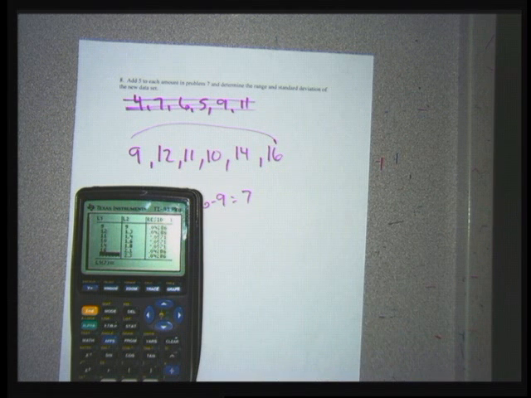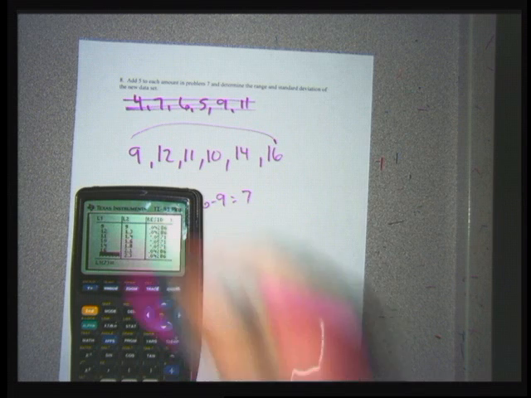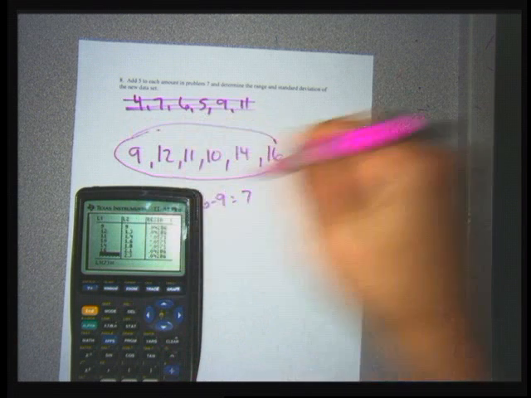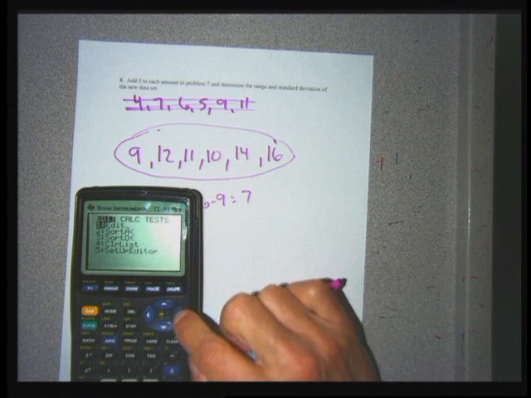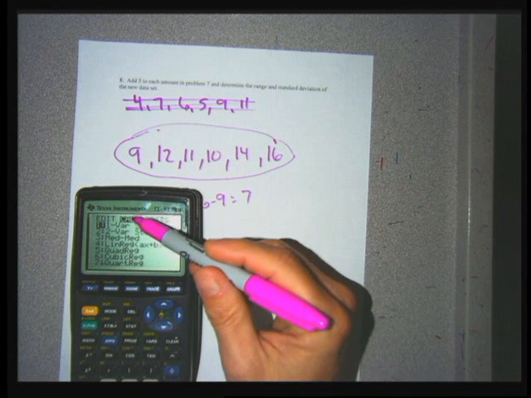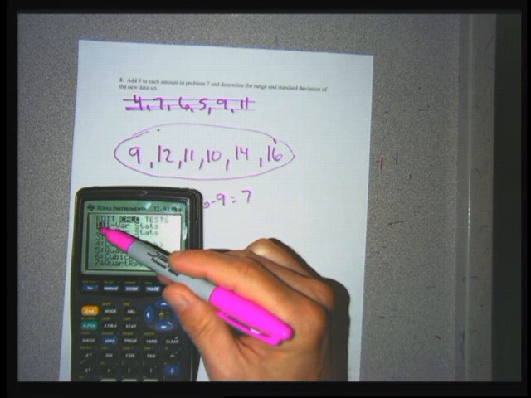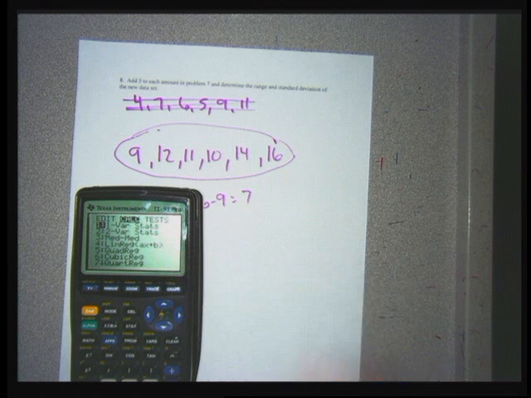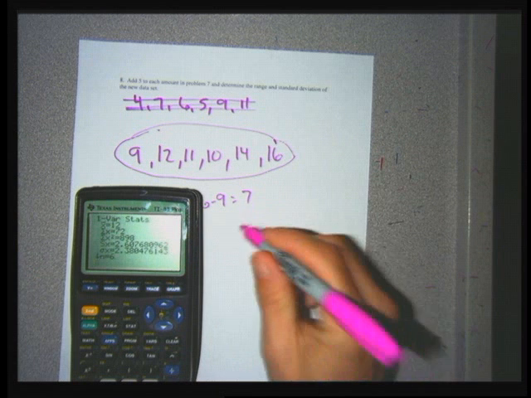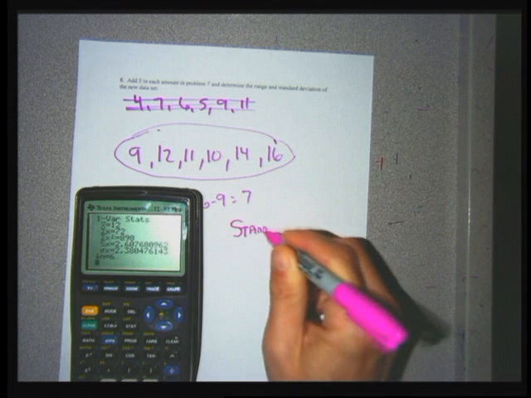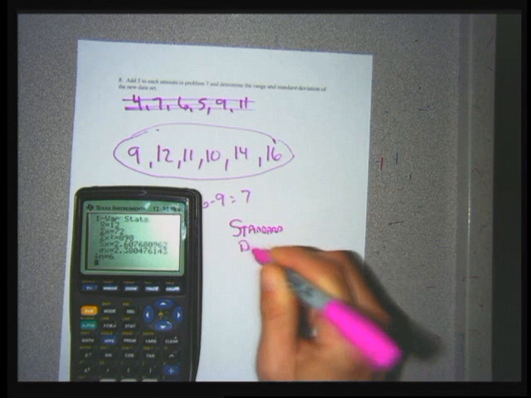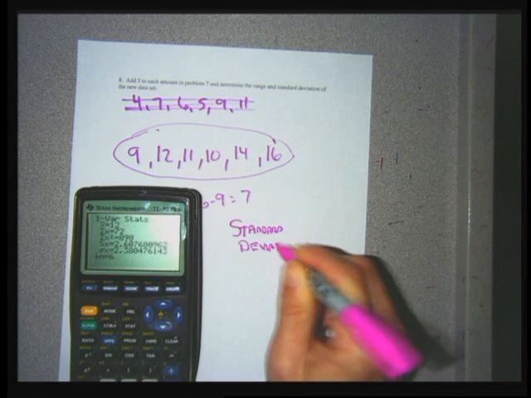My calculator ignores that. Once I have list 1 with all the data pieces that I need, I hit my Stat button again, I arrow over once so that the Calc in the middle column is highlighted and the 1 variable stats in the left column is highlighted, and I hit Enter twice. And I look for the number that says Sx, that's the standard deviation.